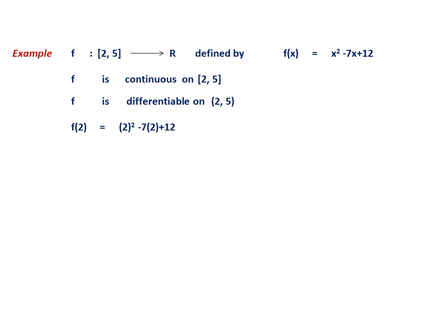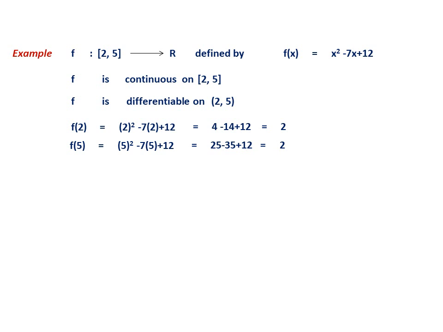And the third one, f of 2: you substitute here, this is 2 square, 4, minus 7 into 2 is minus 14, plus 12. When you simplify, you get 2. Then f of 5, when you substitute, 5 square minus 7 into 5 plus 12, simplify, it is 25 minus 35 plus 12. You can see this is also 2.